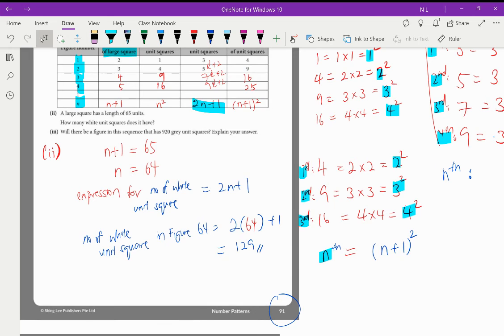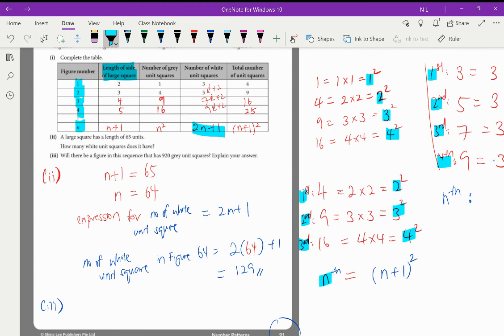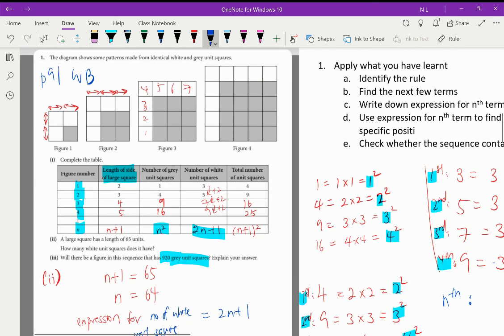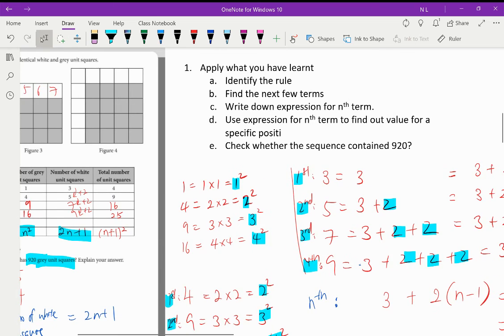Now the last question, part 3. They say, will there be a figure in this sequence that has 920 gray unit squares? Since we are looking at gray unit squares, we need to look at the expression that tells us about the gray unit squares. Part 3 is the last type of question: check whether a particular sequence contains a specific number.